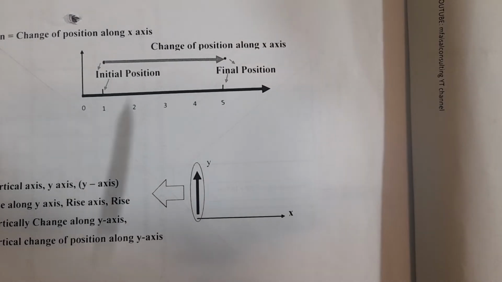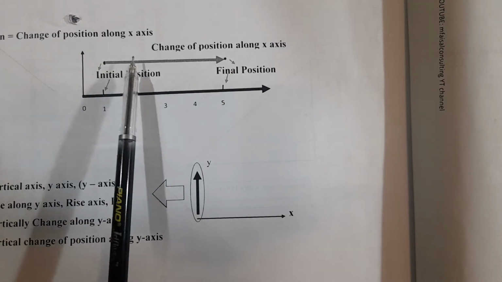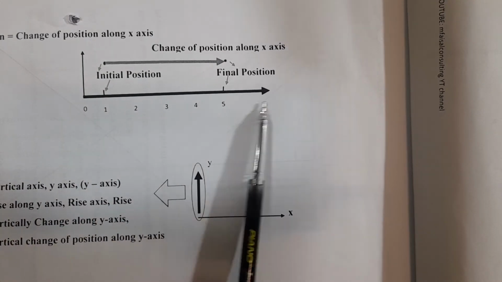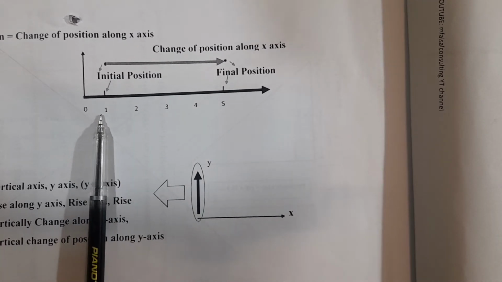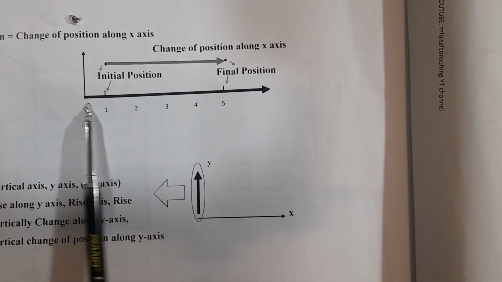Second is the definition of run, the change of position along the x-axis. Now this is the position along the x-axis, initial position 1, final position 5. So this is the change of position along the x-axis.